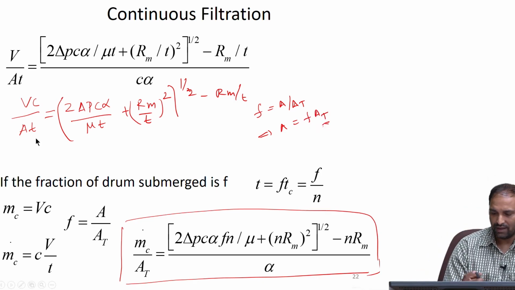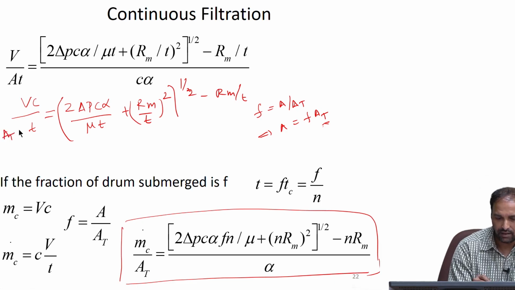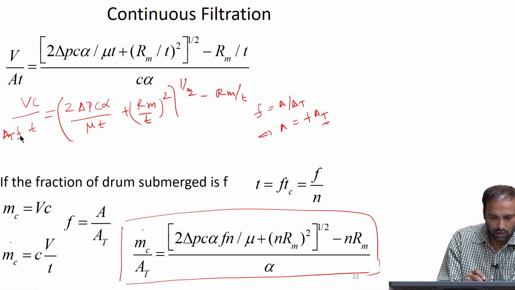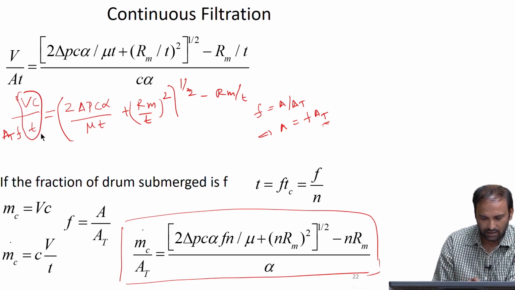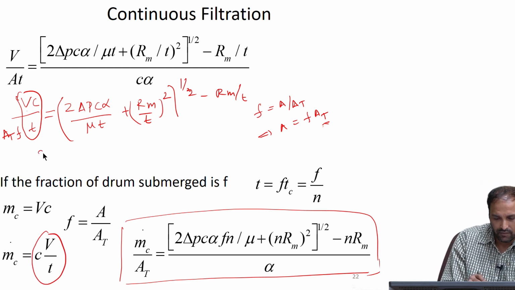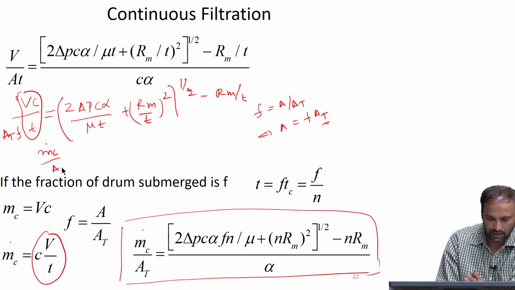Therefore, I am going to replace A with At times f. Now I have Vc by t, and we know that Vc by t is m dot. Therefore, I have m dot c divided by At.